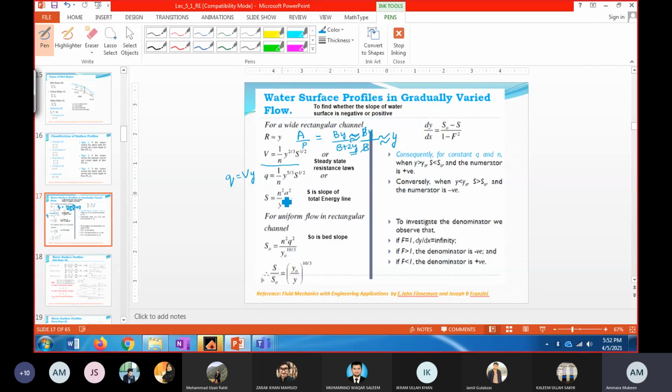So S is equal to n square q square over y raised to power 10 by 3, and S naught, for uniform flow in a rectangular channel, can be written like this: n square q square, the same equation but with y naught. Y naught is the uniform flow depth, and y is the flow depth.